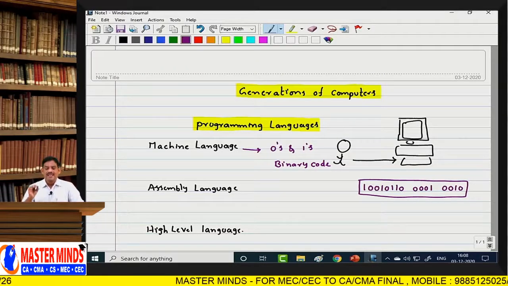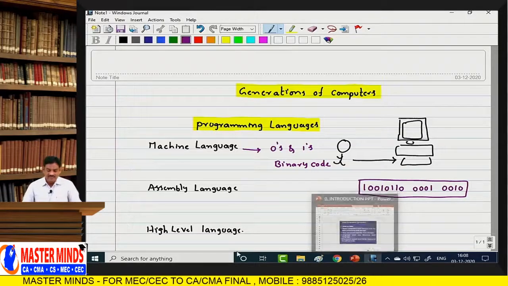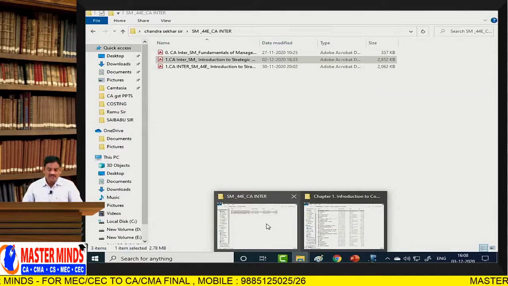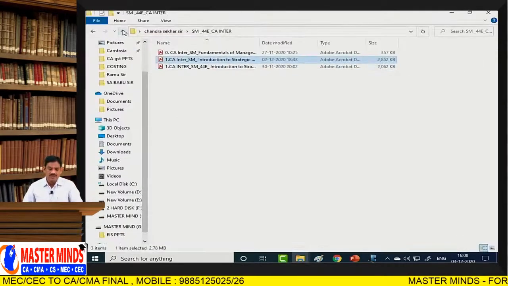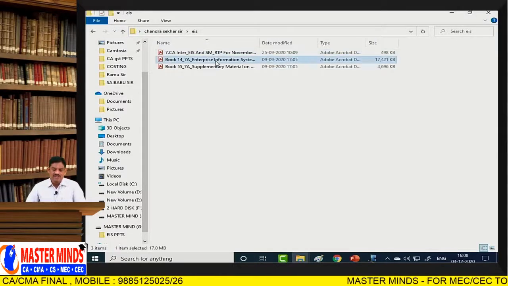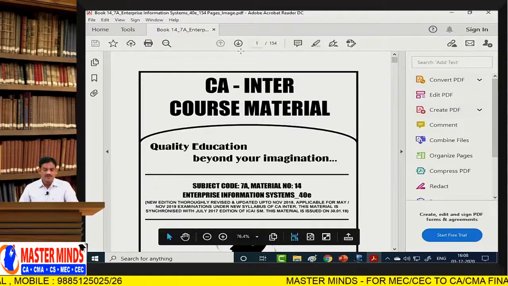Machine language is a machine understandable language in terms of zeros and ones. Any kind of information must be in the form of zeros and ones, called machine language.